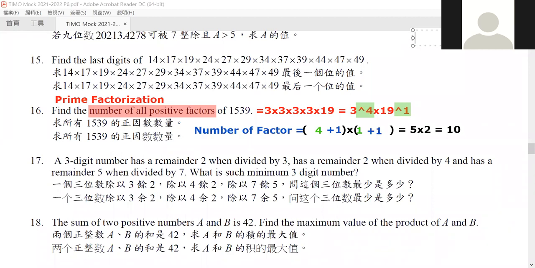All the 10 factors are 1, 3, 9, 27, 81, and then the next part is 19, then 57, then 171, then 513, and finally 1539. So again, by counting all these numbers, you will also get our answer, which is 10.